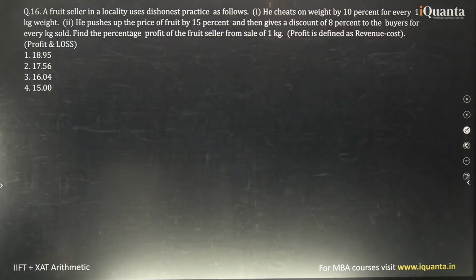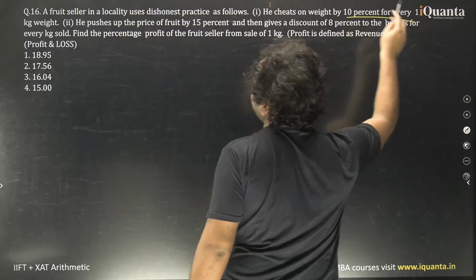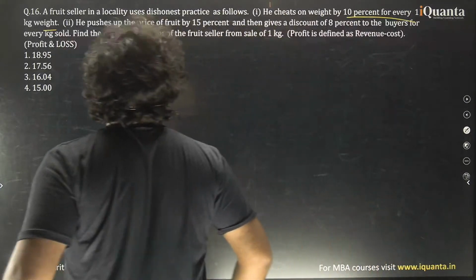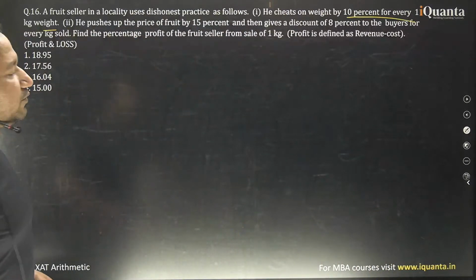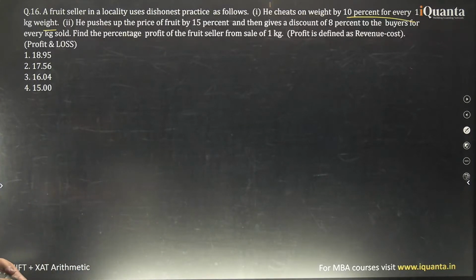By the first method of cheating, how much is he gaining? Like he cheats on weight by 10% for every 1 kg weight. What does that mean? Anyone? By the first statement, what do you understand?